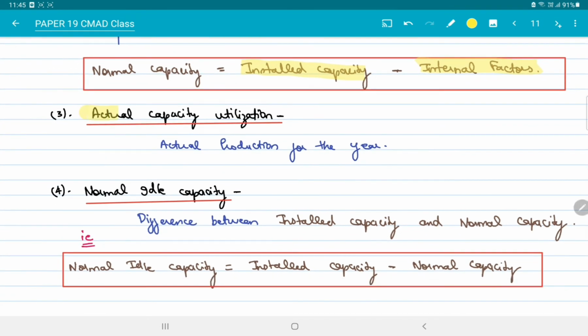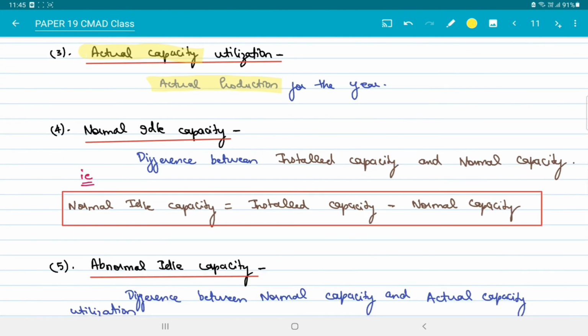Then actual capacity utilization is the actual production after considering all the internal and external factors, whatever is the production of the year. That is the actual capacity of the plant, actual capacity utilization.